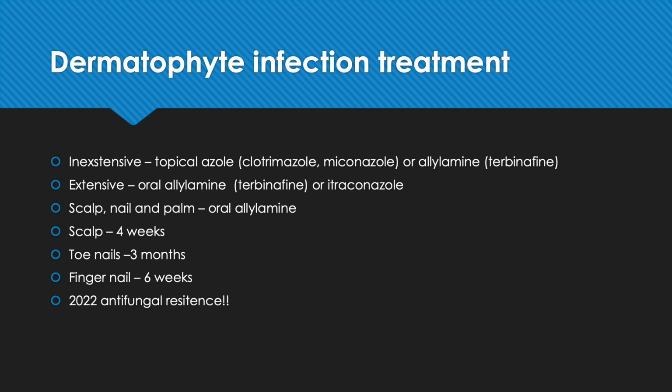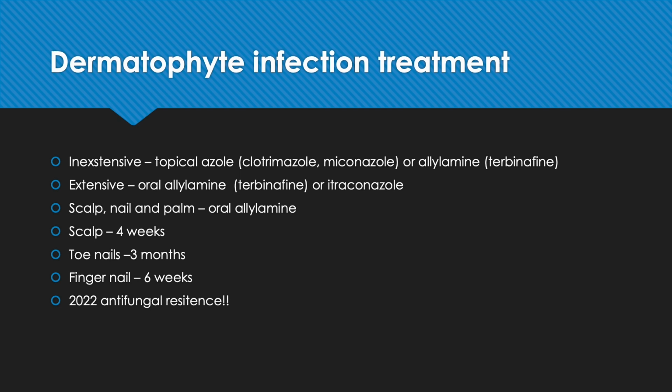So these are usually used as either creams, ointments, shampoos, or foams, and they're for inextensive disease. With more extensive Tinea corporis, we may use an oral allylamine, so that'll be oral terbinafine, or an oral azole, such as itraconazole.